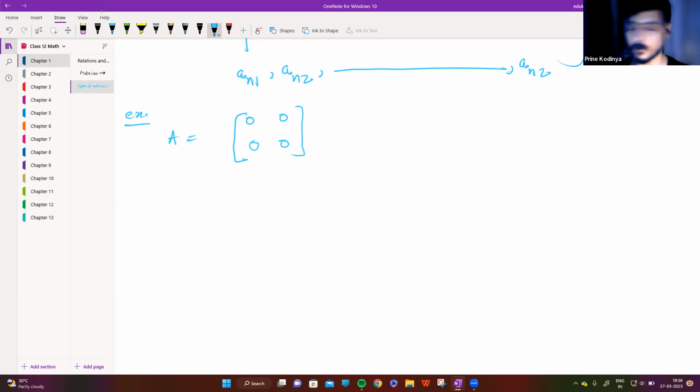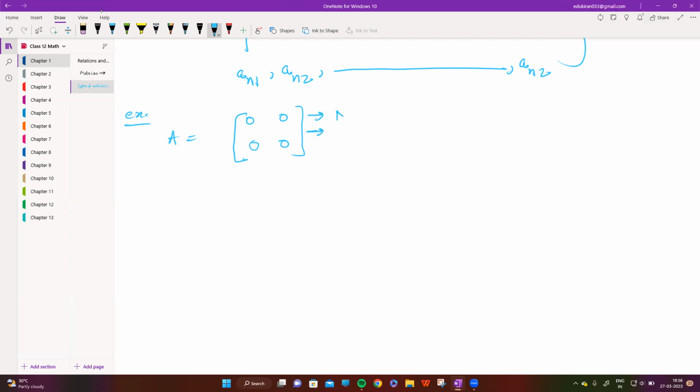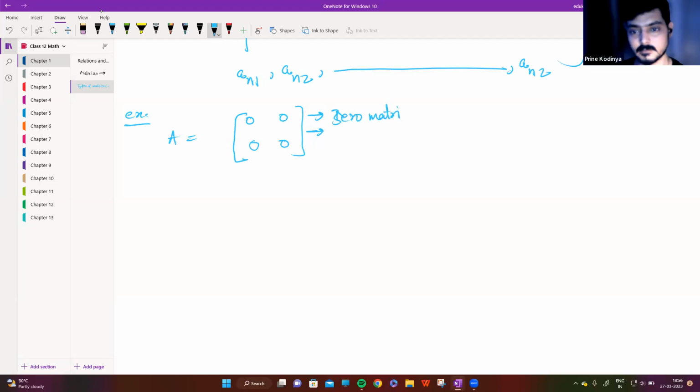So since we have this here, let's talk about this as well. This matrix in which all the elements are zero is known as what? Can someone tell me the name for this? Zero matrix. And there are many names: null matrix, void matrix.